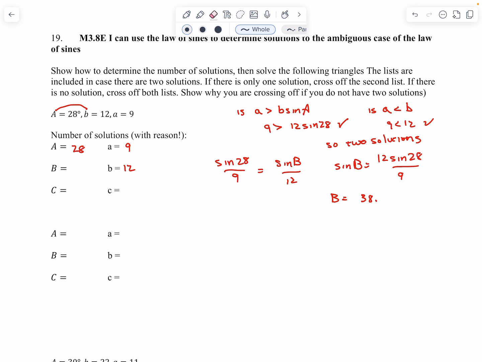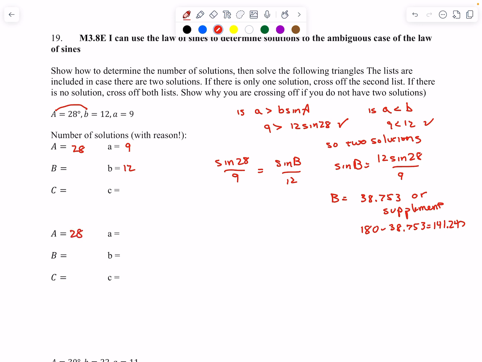Keep straightening my letters out. Actually, I'm going to write the new things in blue and the old ones in red.